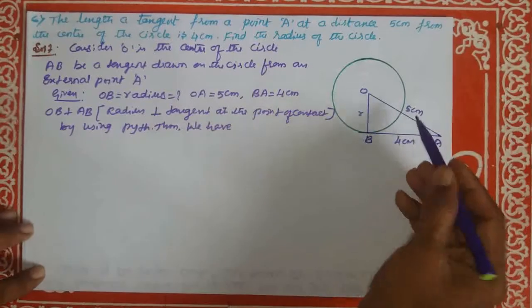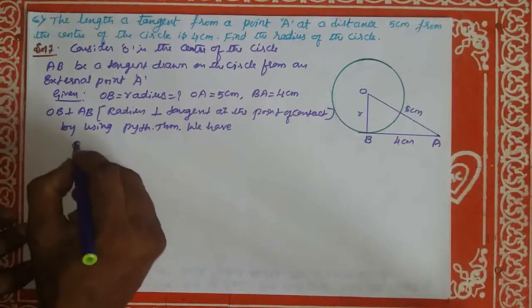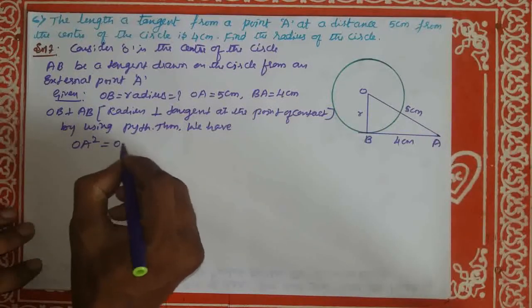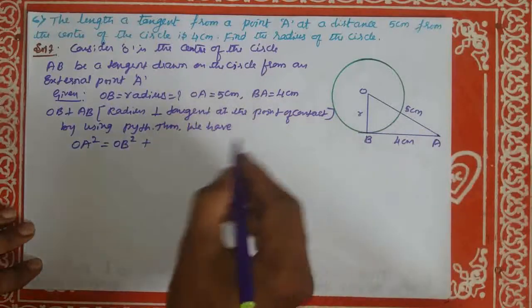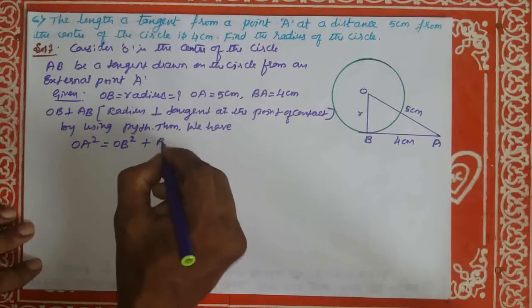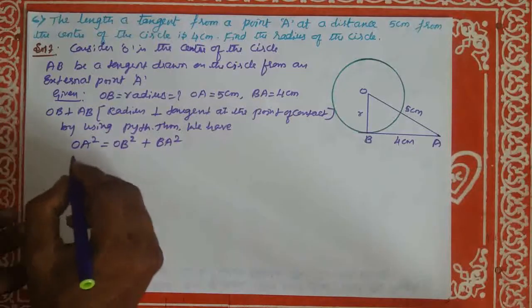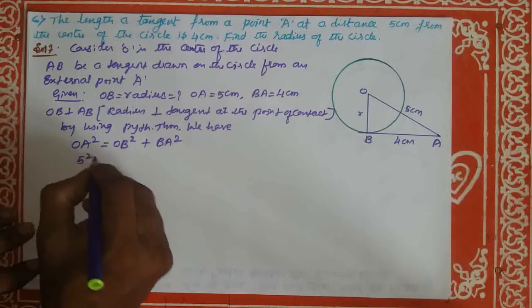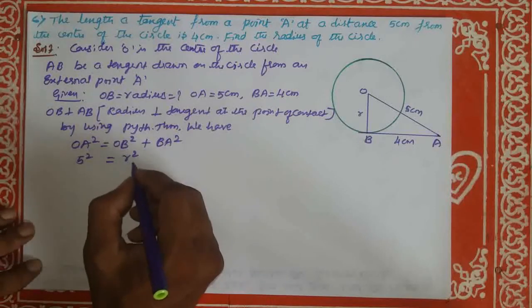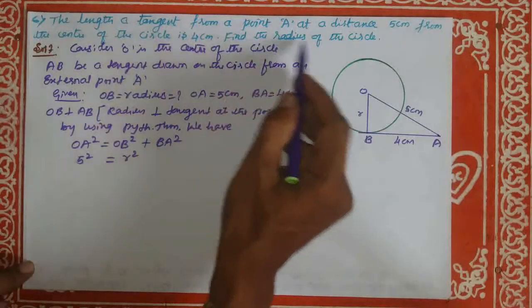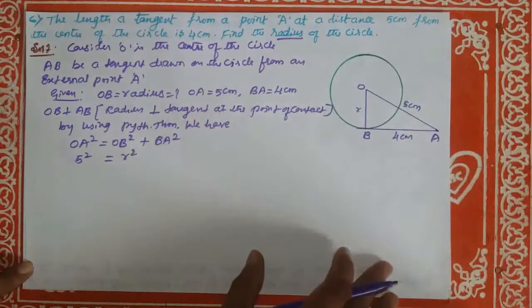OA square is equal to OB square plus AB square or BA square. OA square is equal to 5 square, equal to OB, I will take it as R square, because we need to find the radius of the circle.